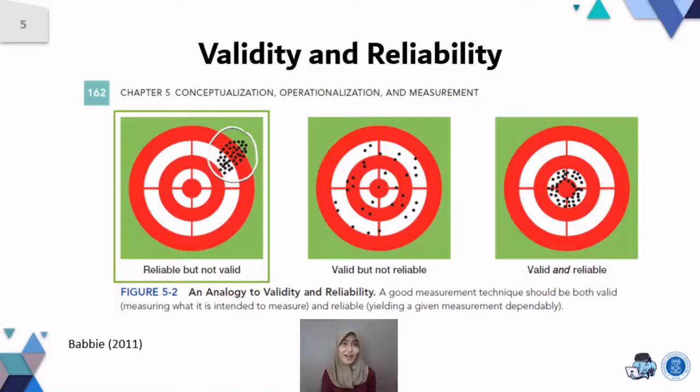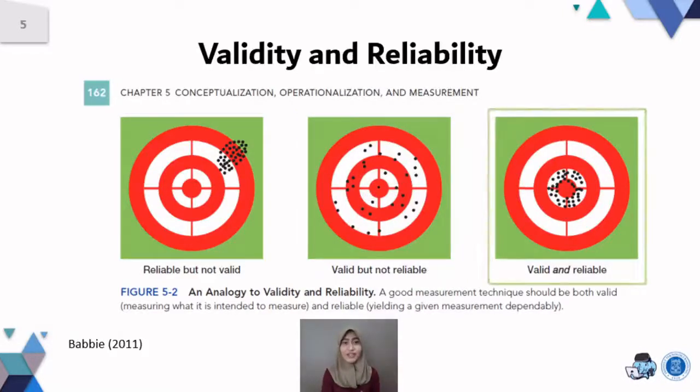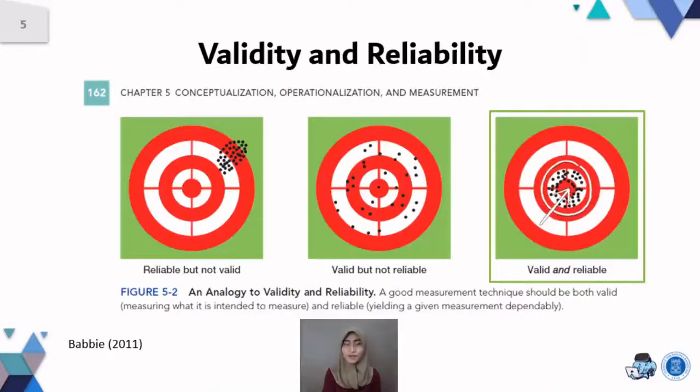Validity, on the other hand, as portrayed in the second image, is a function of shots being arranged around the bullseye, with at least one shot hitting the bullseye, regardless of the dispersed pattern. Lastly, the third image illustrates valid and reliable results. We are able to hit the center of the target, and when we shoot repeatedly, the results are around the bullseye with low dispersion.